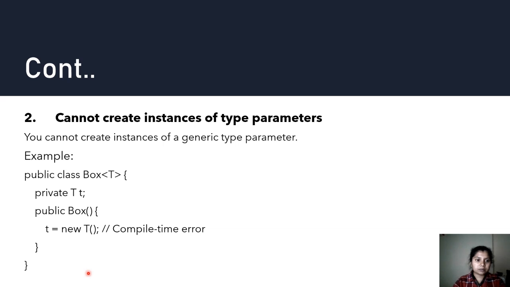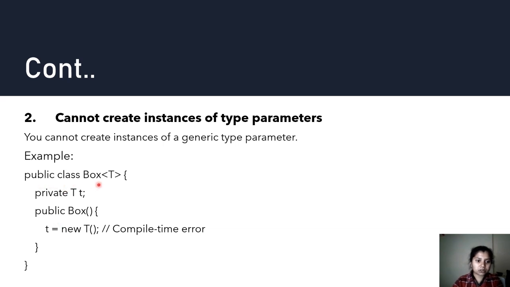So next, the second limitation is that we cannot create an instance of a type parameter. That is, we cannot create an object of a generic type parameter. Here is an example which explains that.